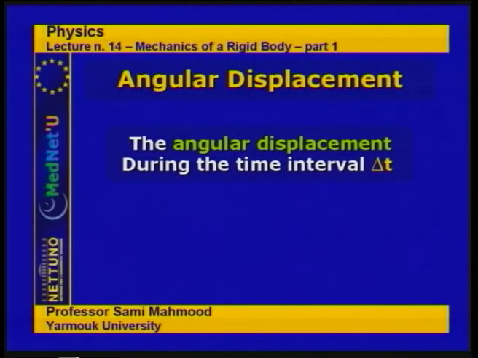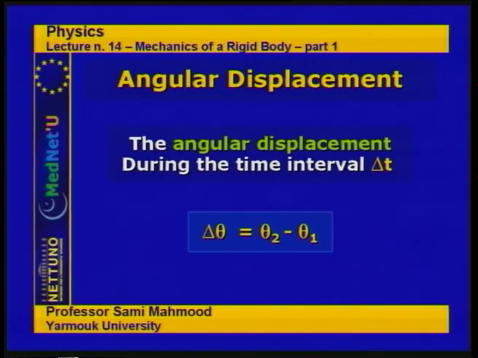The angular displacement, as usual, in order to define the different physical quantities by which we can describe the motion of the rotating object, we need to define the angular displacement, and the angular displacement is defined as the difference between the initial angular position and the final angular position that the object during its rotation has traversed during a time interval delta t.